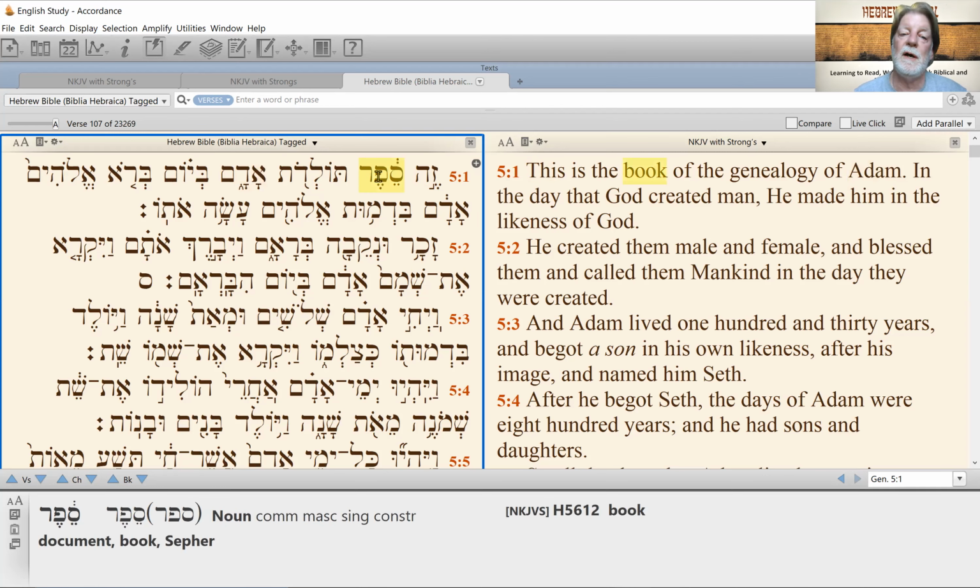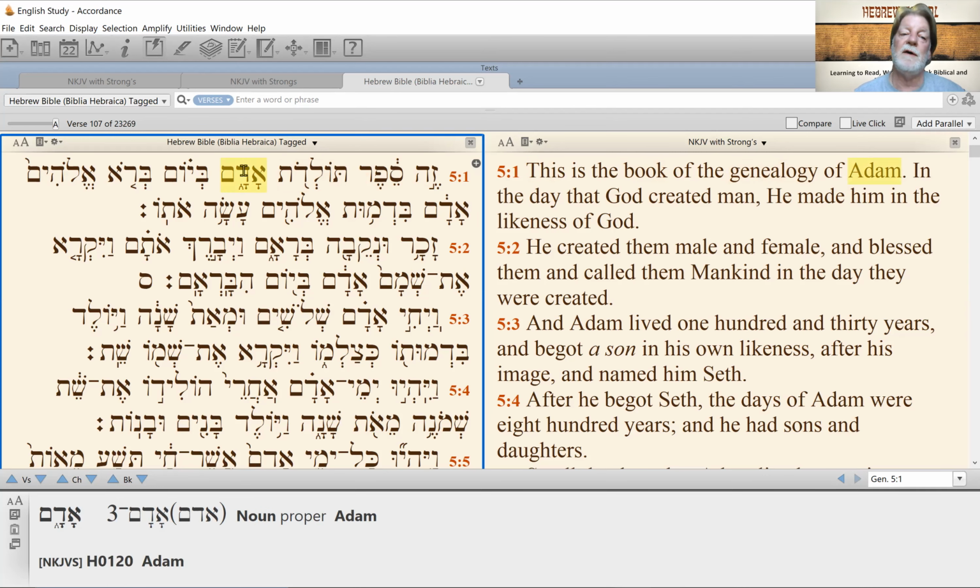So this is the book of the genealogy of Adam. Beyom, in the day, bara, created, third person, I'm sorry, this is an infinitive construct. Bero Elohim, the creation of God.